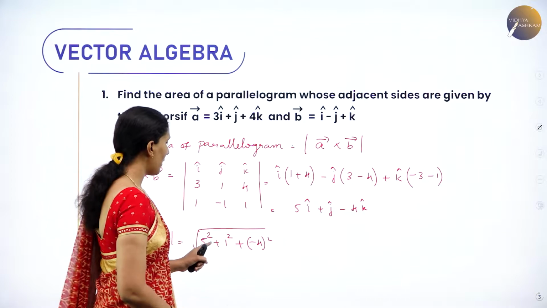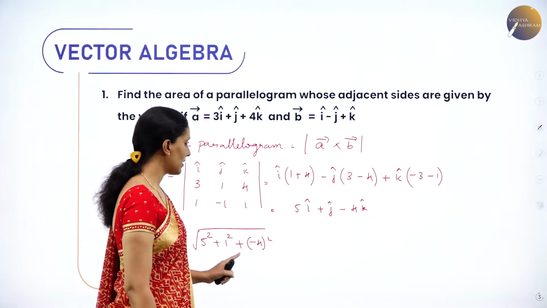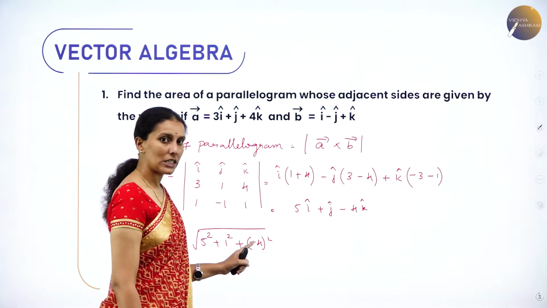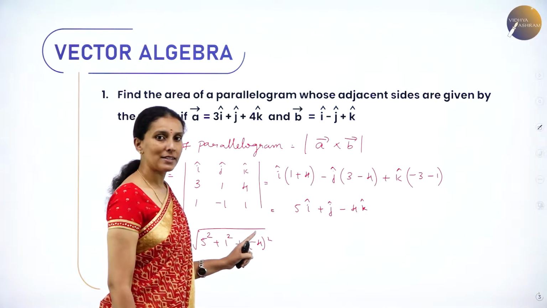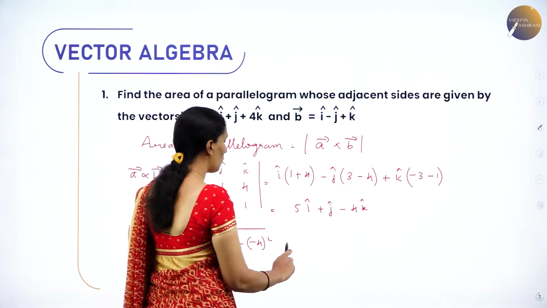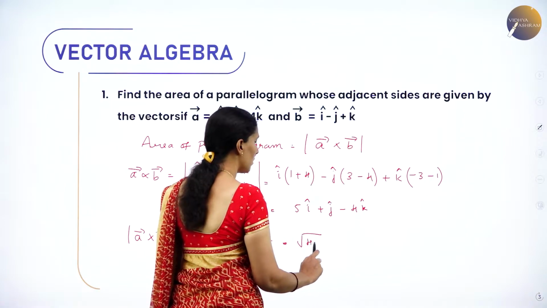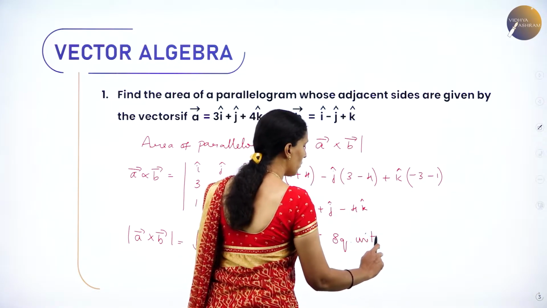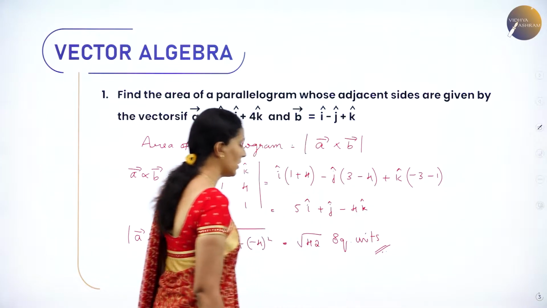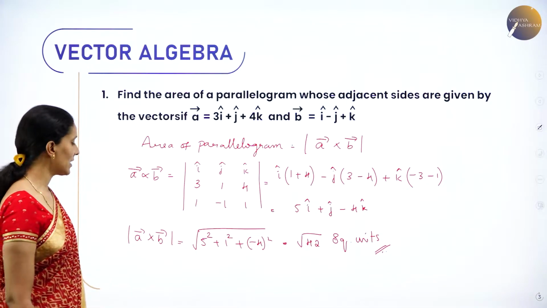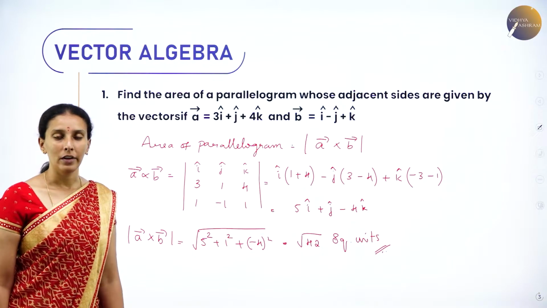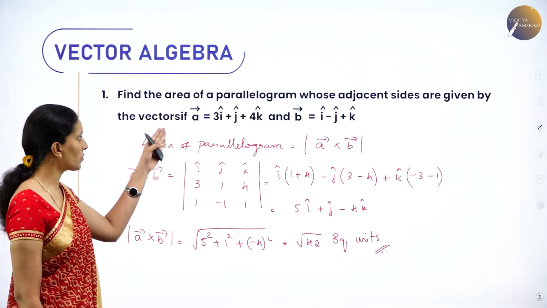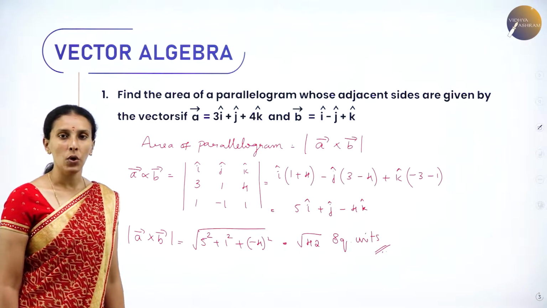So now 25 plus 1, 26, 4 square is 16. So 16 plus 26 is root 42. Since we are talking about area, we write in terms of square units. So square root of 42 is the area of the required parallelogram whose vectors are vector A and vector B.